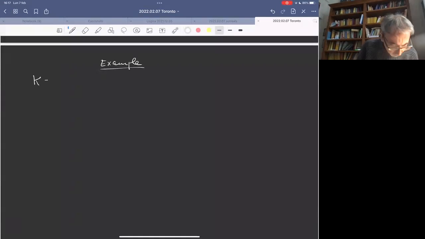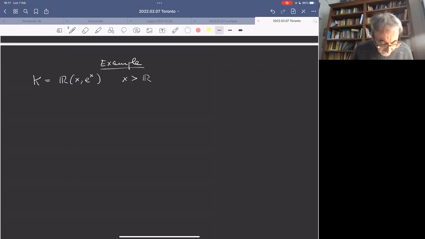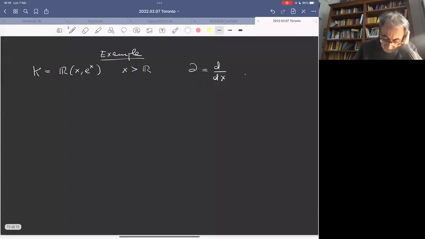Example. Consider K equal to R(x, e^x), ordered with x bigger than the reals, and take the usual derivative with respect to x. So K is an H field.